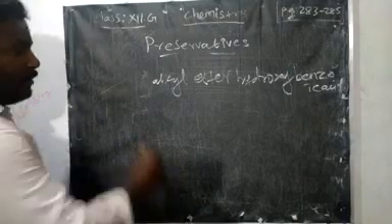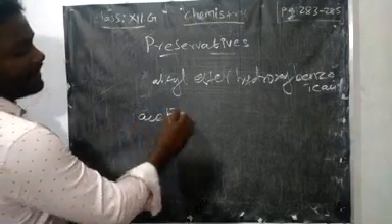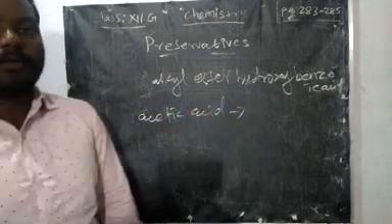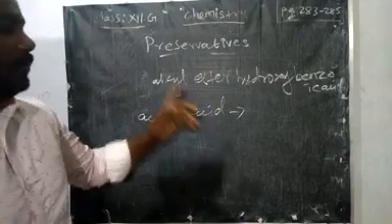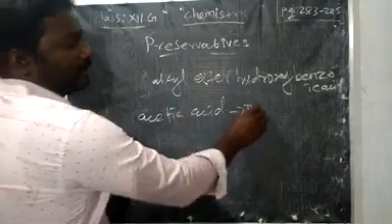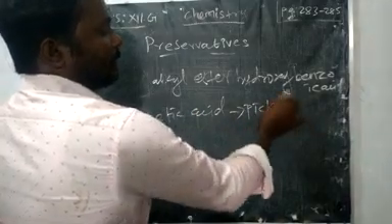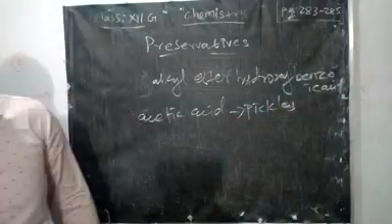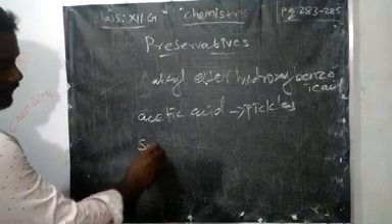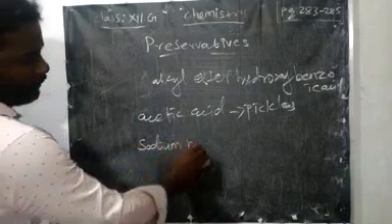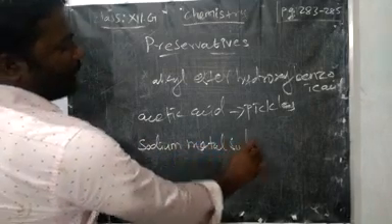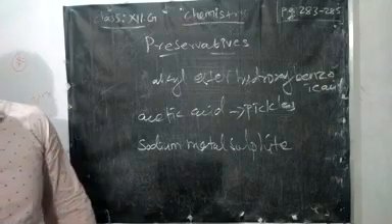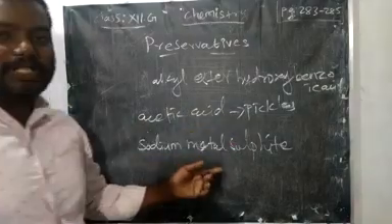Some more well-known preservatives: acetic acid. If I say another name, vinegar, that is the main preservative for pickles. Then sodium metabisulfite is also one of the preservatives, used for fresh fruits and vegetables.